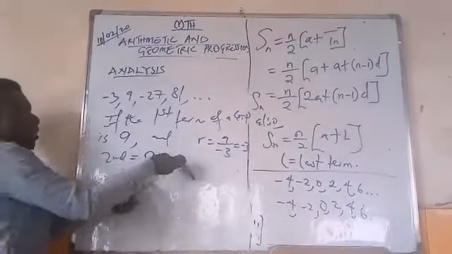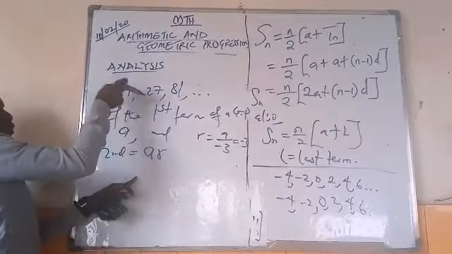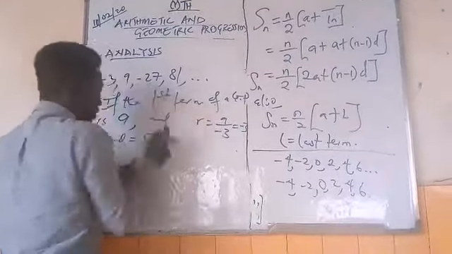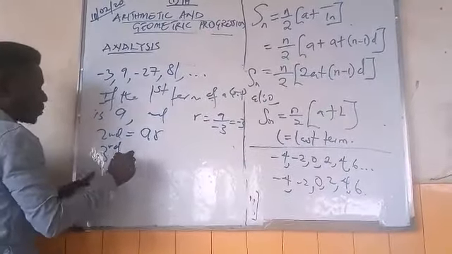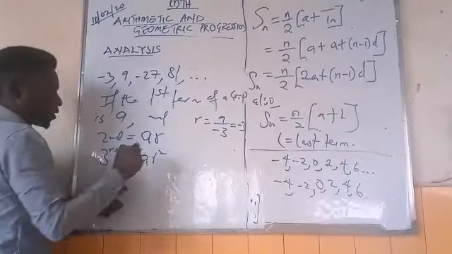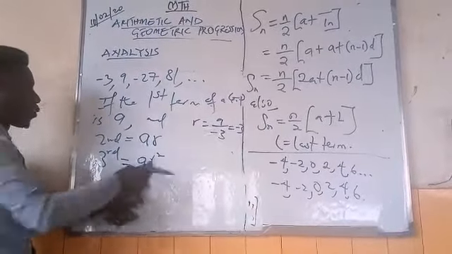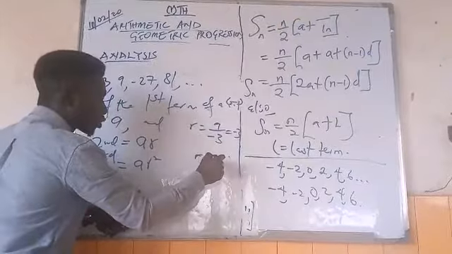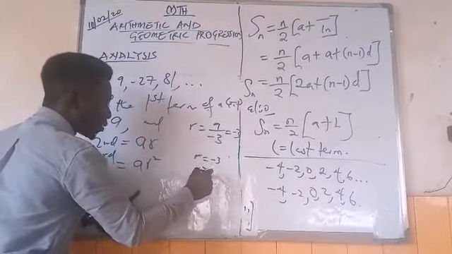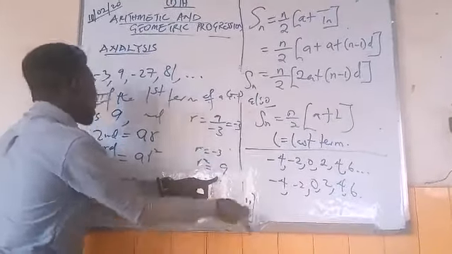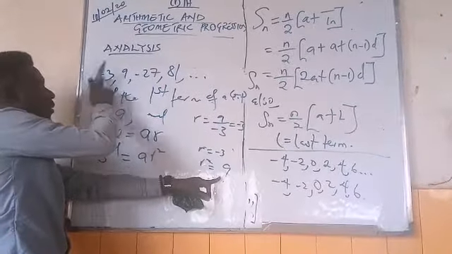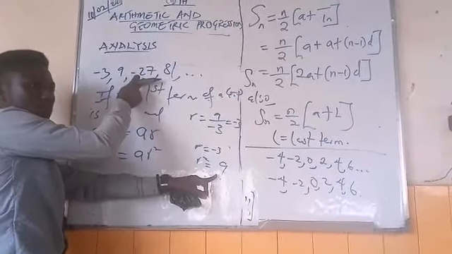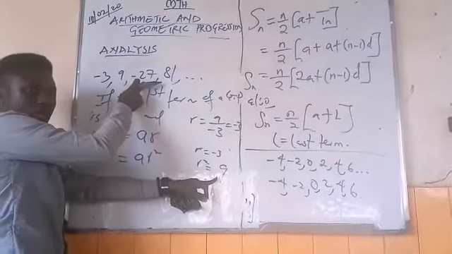Very good. So minus 3 times minus 3 gives me plus 9. And then you can guess my third term: A R squared. My R is minus 3, so if I square it, I have 9. So 9 times the first term gives minus 27. Do you understand now?